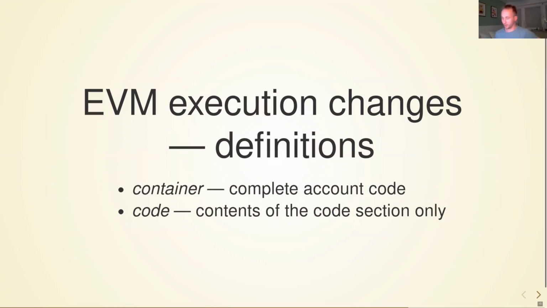The confusing term is code, because code means something that is deployed as part of the account in the state tree, and here we want to redefine that. So the code is the content of the code section, and the whole bytes of what is in the state we call the container to make a difference.